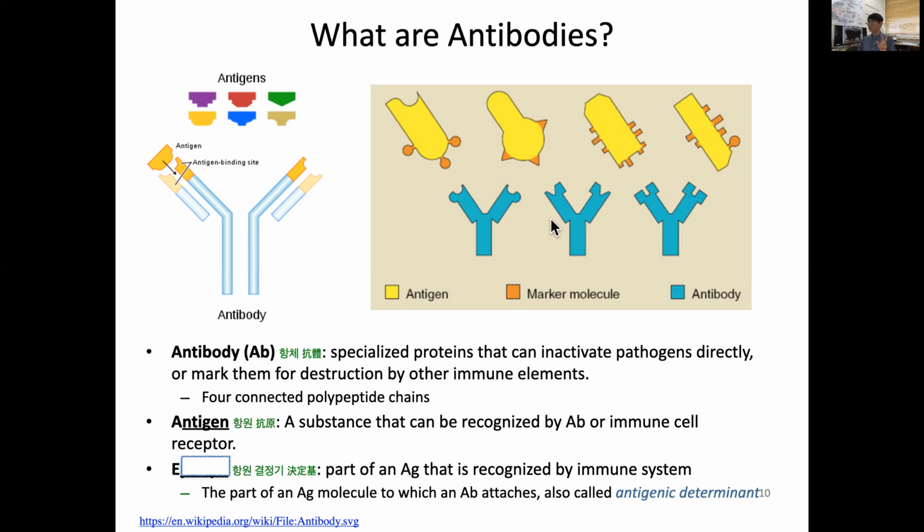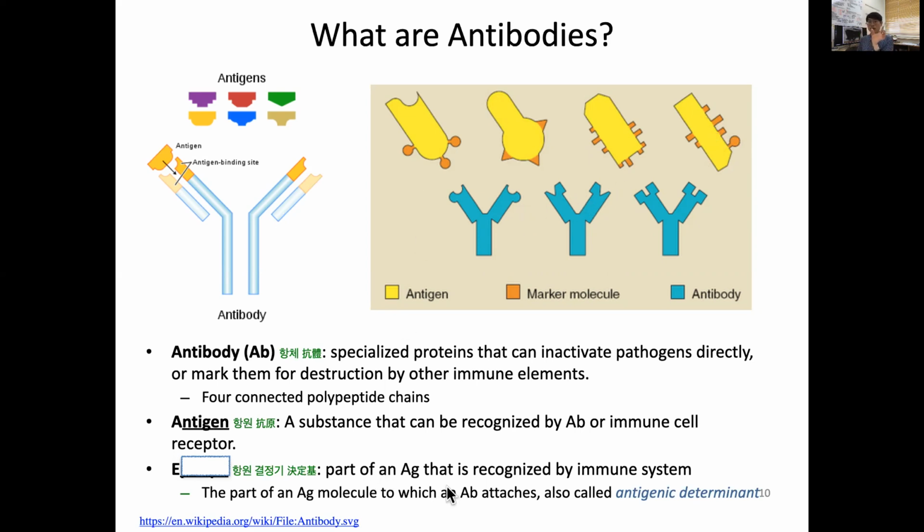So we should have lots of antibodies which do not recognize our own molecules, but the foreign molecule. And even in one antigen, you can see there could be a lot of different shapes and positions which are recognizable.